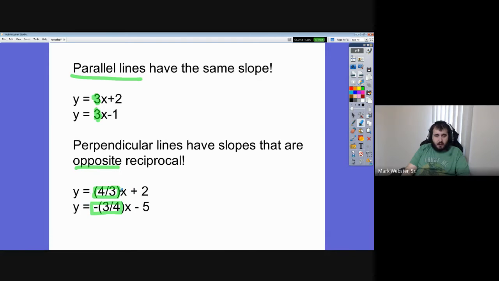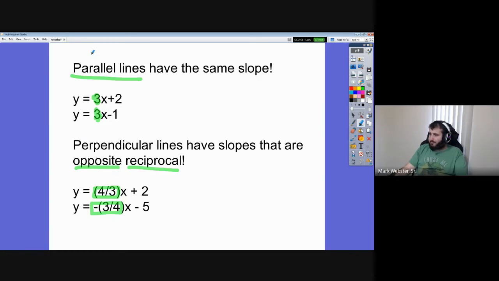Reciprocal, 4/3 to 3/4. We took the numerator and the denominator and we flipped them over. That's reciprocal. So you got to do both in order to make this work, okay? If you want to find the slope that's perpendicular, opposite reciprocal slope, it has to be.